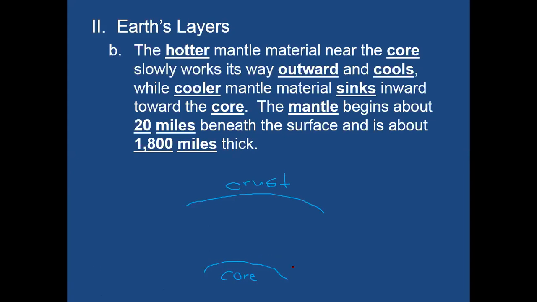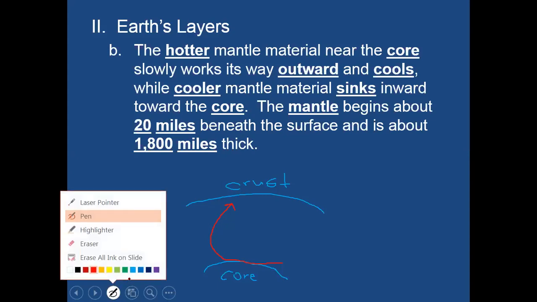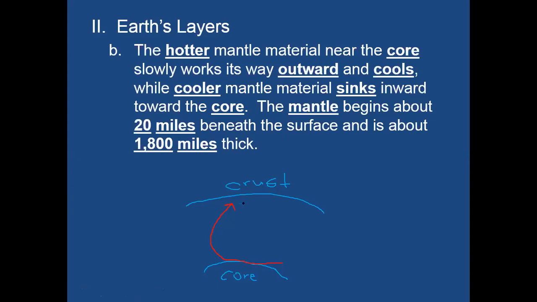The core is heating things up and causing that rock that's there to rise. But then when we get to the crust, it causes it to cool down, and then it begins to sink. So we get this convection current in the mantle that's much like the current that we had in the ocean. Okay, this is called a convection current.